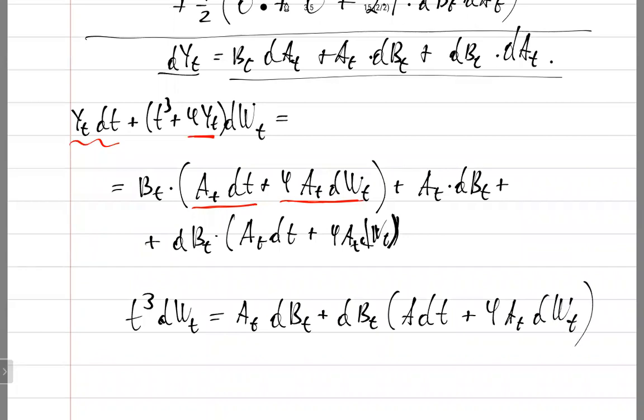Let's think a little bit. When you multiply dbt, I suppose that Bt is an iterative process.